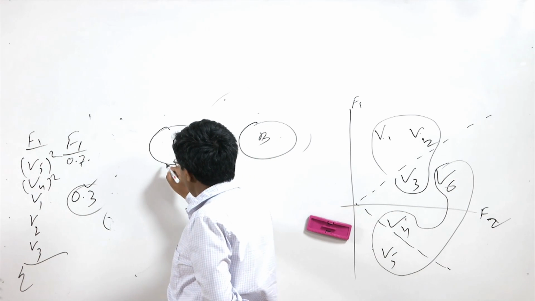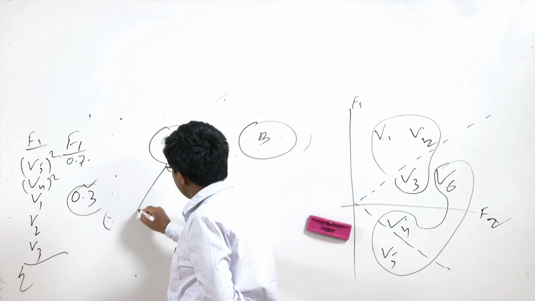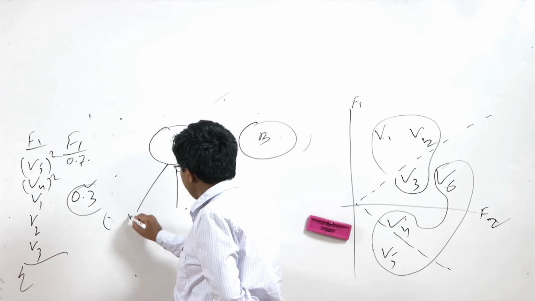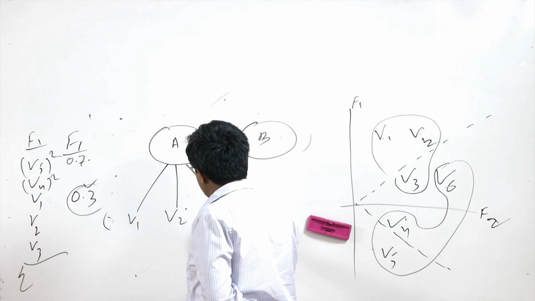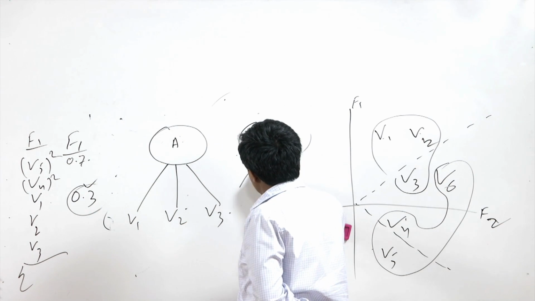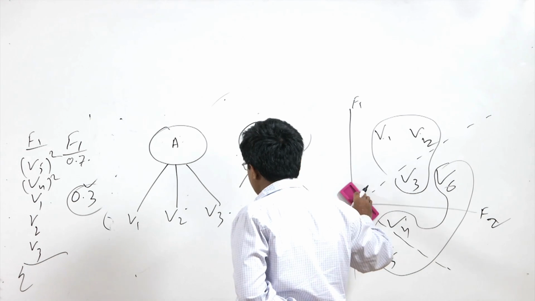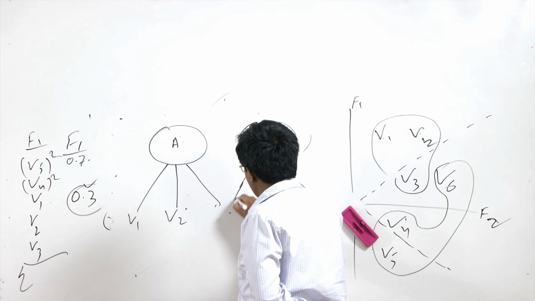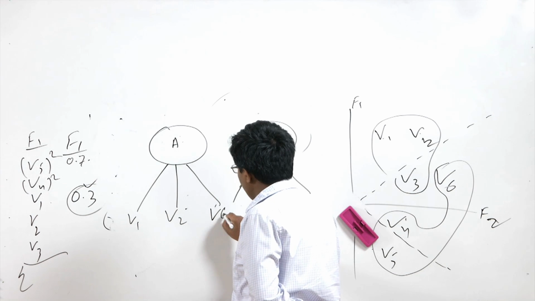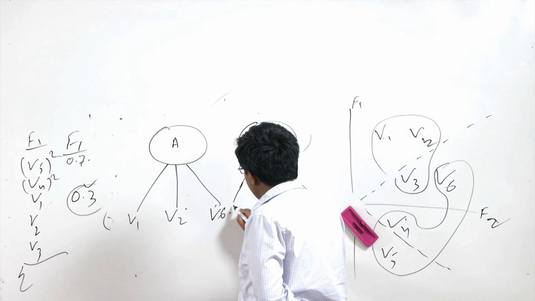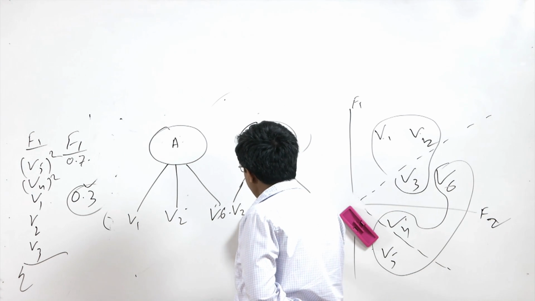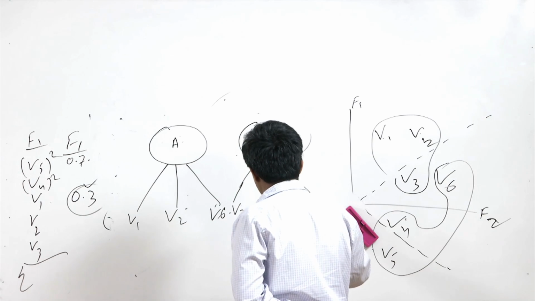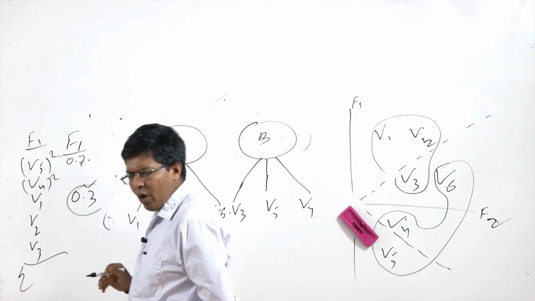So, I know that let us say there are 3 variables V1, V2, V3. Let us say there are 6 variables in total, V6 and V3, V5 and V4 come into it. Now, how did I do this?